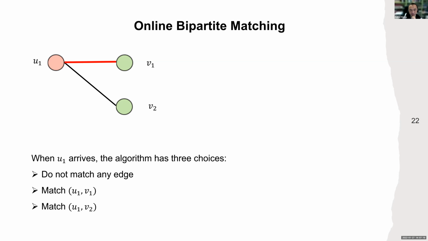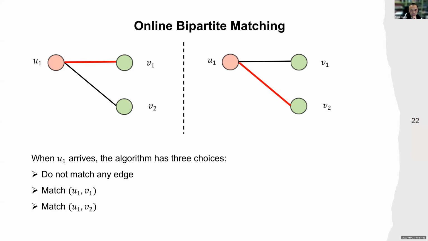So if you match this, then the adversary says, okay, you occupy this V1. I give you a V2, U2, so that it can only be matched to V1. Then in that case, the optimal is what? 2 edges, right? U1 V2, U2 V1, right? But your algorithm can only match 1 edge. This is again exactly half.